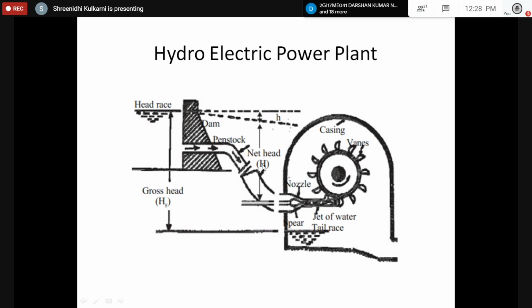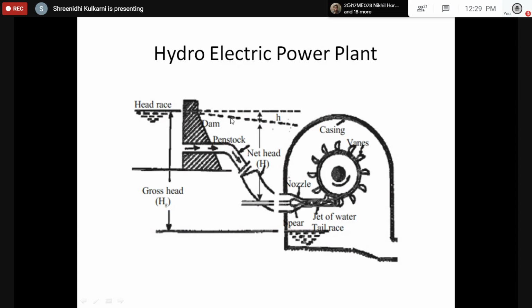So that is H. When the water is flowing through the penstock, we can see some level. It is not up to the head race; we can see up to some distance.